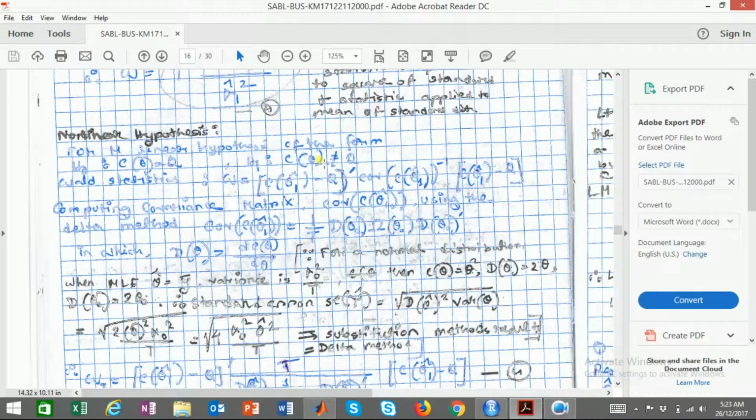Now c theta 1 transpose, sorry, c theta 1 inverse. Now computing the covariance matrix c theta 1 inverse using the delta method, covariance c theta 1 equals 1 by d theta naught omega theta naught and d theta transpose, in which d theta naught is equal to dc theta divided by d theta transpose.